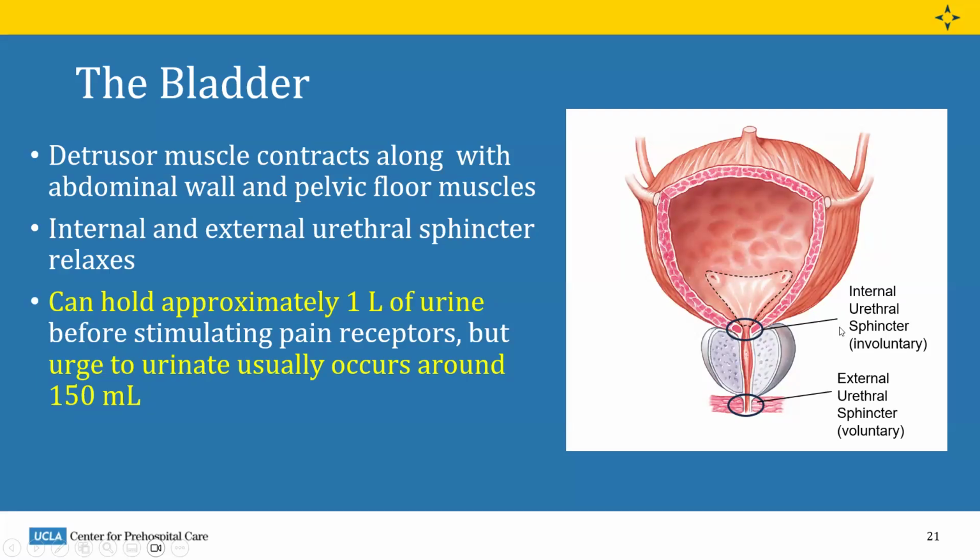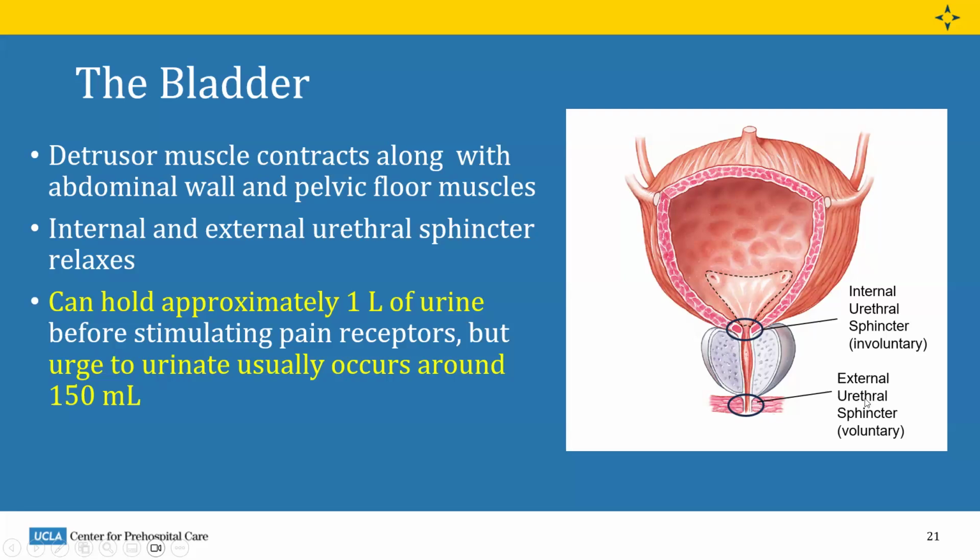So this internal urethral sphincter is right after the bladder, kind of at the junction between the bladder and the urethra. It's an involuntary muscle, as in we don't control that. Our parasympathetic nervous system is going to relax that muscle and allow for urination.